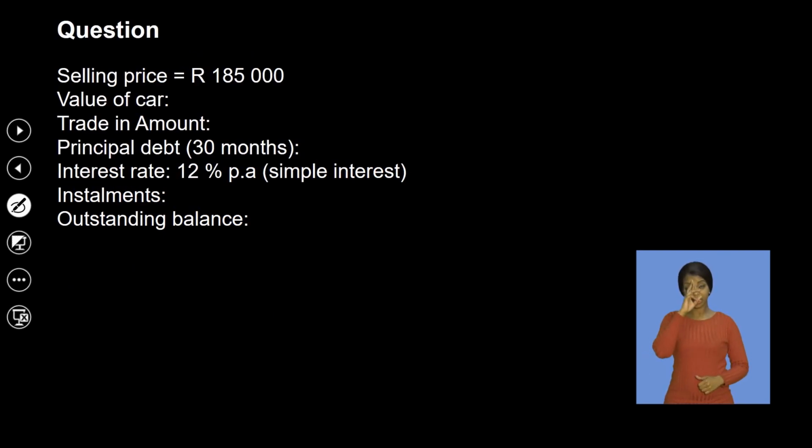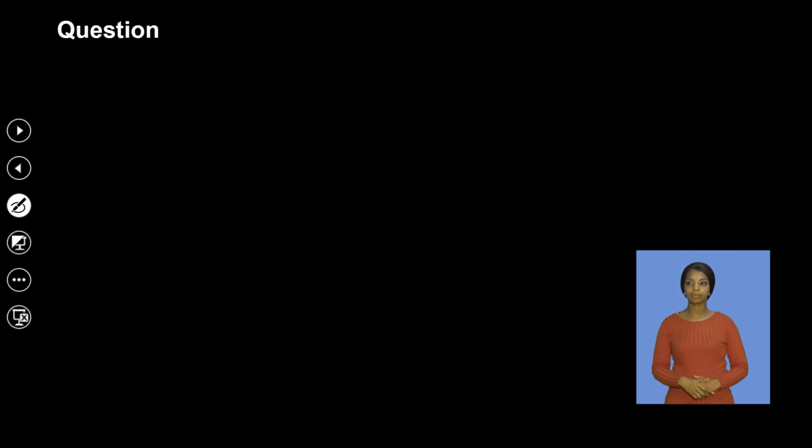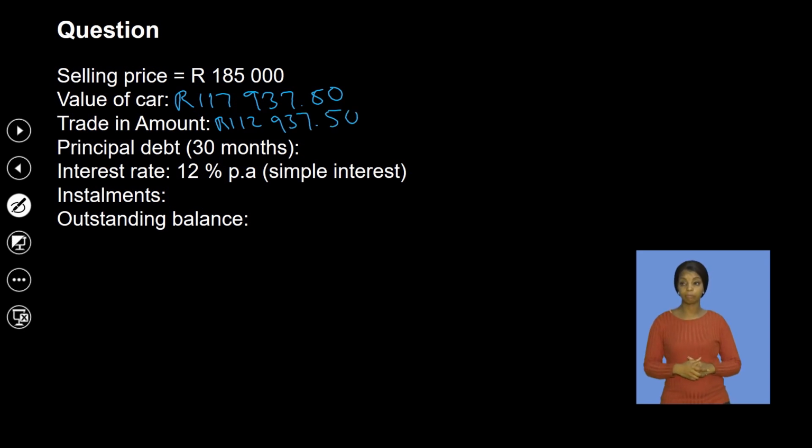Remember, the value of the car we said was 117,937 and 50 cents, right? But they're saying we're going to give you 5,000 less than this. So meaning this will be 112,937 and 50 cents.